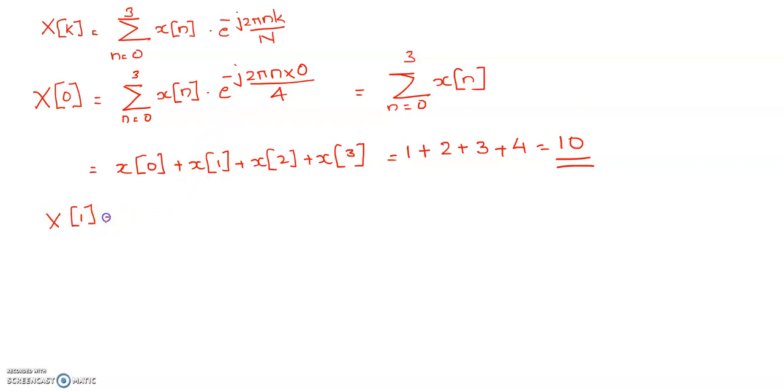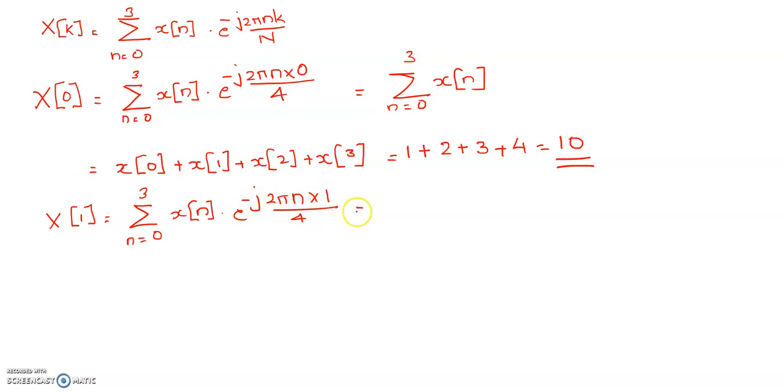So when it becomes X of 1, your expansion will be proceeding like this, n equal to 0 to 3 x of n e raised to minus j 2 pi n into 1 by 4. Why? Because k becomes 1.